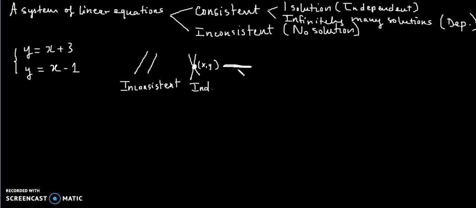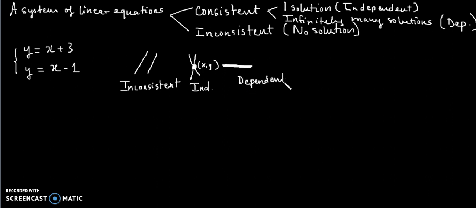And for this case, the two lines are identical, so every single point on this line is also on the second line. In this case, we would call it dependent.